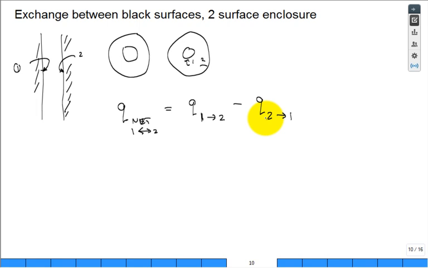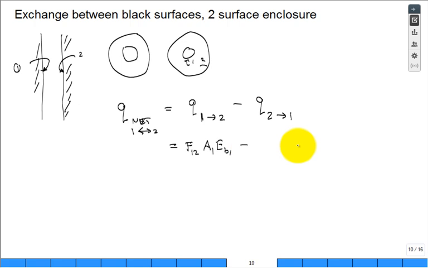Okay? So what is the Q that leaves 1 and gets to 2 and is absorbed on 2? Well, it'll be EB1 times A1. That'll be the net power, watts of radiant energy leaving 1. I multiply by the fraction that gets to 2.